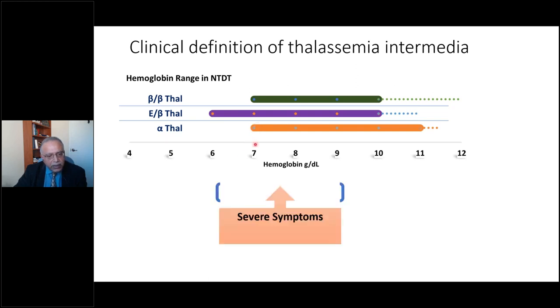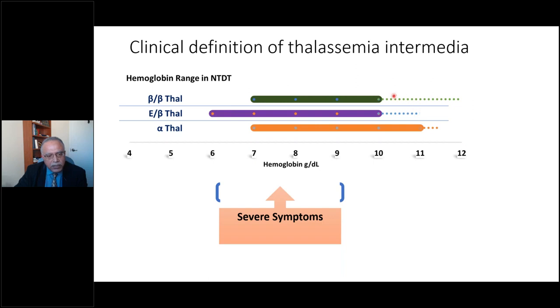So even though we have these lower thresholds, there are patients who may have severe symptoms and may require transfusions to start, even when their hemoglobin is above that threshold. And that can extend to up to 9 and sometimes even higher. At the upper end are the milder syndromes, and there's a line of uncertainty where we would say that we suspect the patient may have thalassemia intermedia and not thalassemia trait.